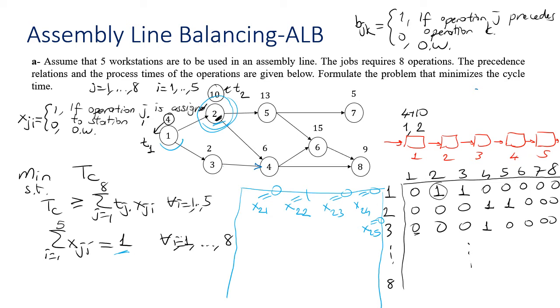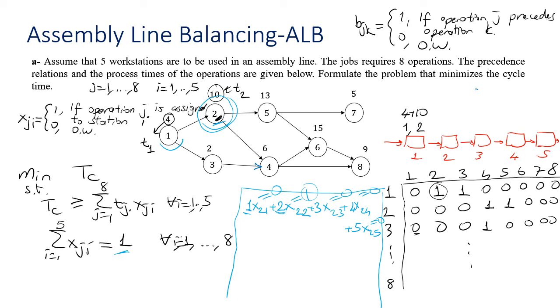And what does it mean? It means that this task now is assigned to station 2. And I need to understand what the station number is. For that, I do this calculation: 1 times x21, this one is station 1, plus 2 times x22, station 2, plus 3 times x23, plus 4 times x24, plus 5 times x25.